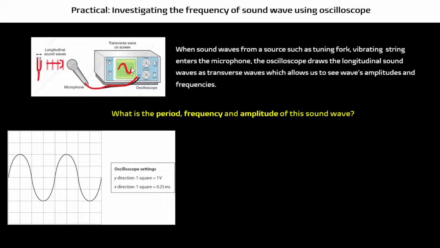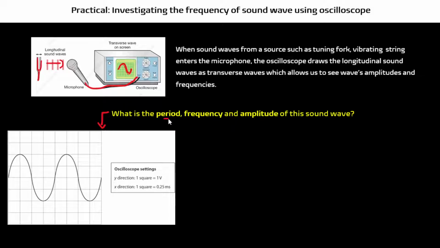On there, we can see the wave's amplitude as well as frequency. So let's do one question here, which is a very common question asked in IGCSE. What is the period, frequency, and amplitude of this sound wave?